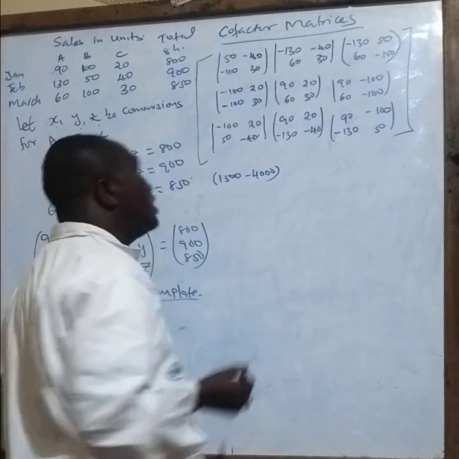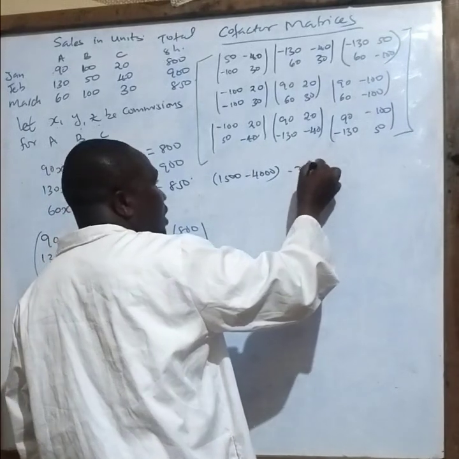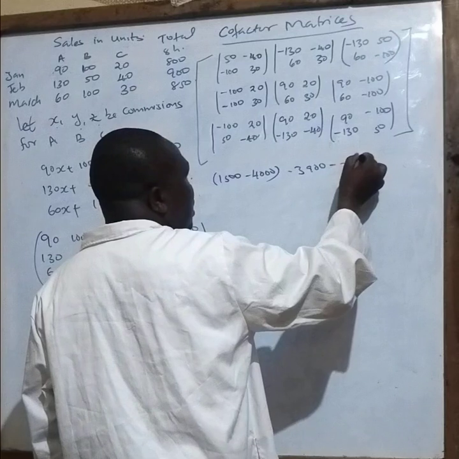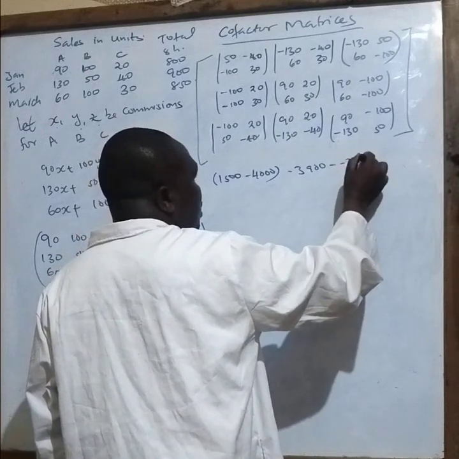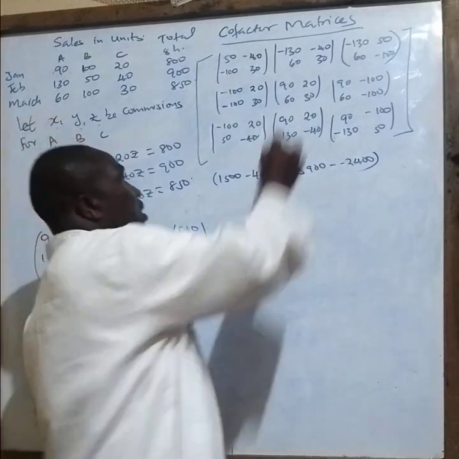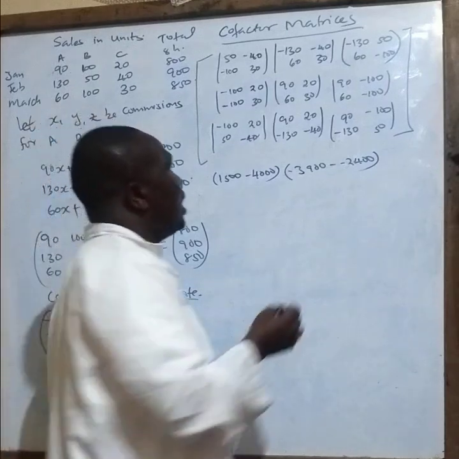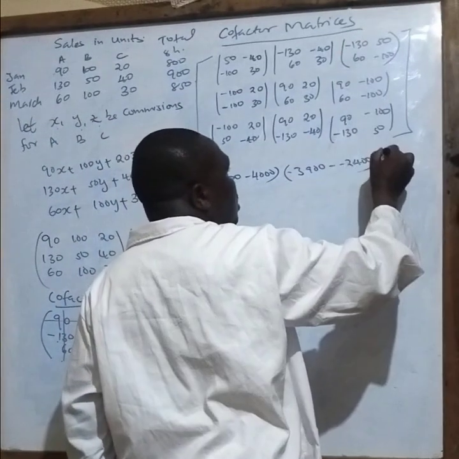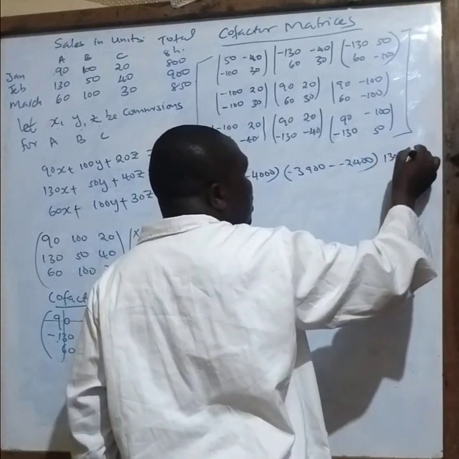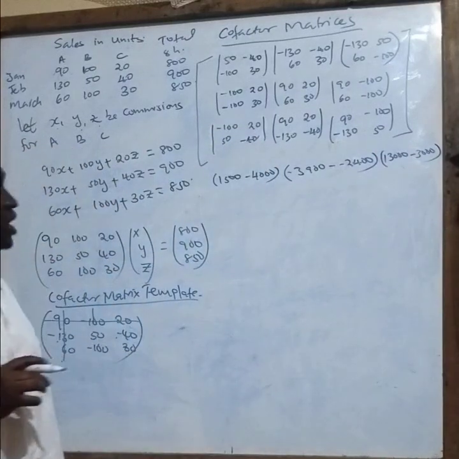Then negative 130 times 30, you get negative 3,900. You minus 2,600, 3,400. Is it correct? That is 60 times 40, you get 2,400. Then the last one, this times that, you get 13,000. You minus 3,000. That is the first one.